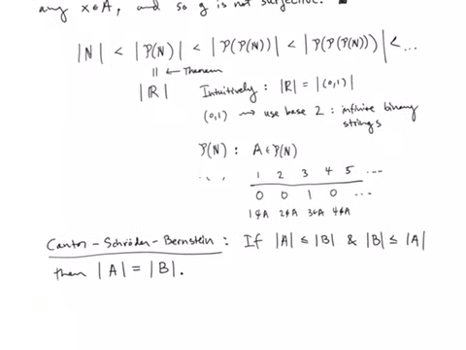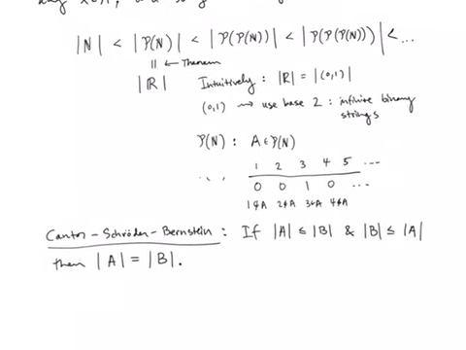And the one last thing I want to mention is what's called the continuum hypothesis. So this was a famous open problem from the early part of the 20th century.